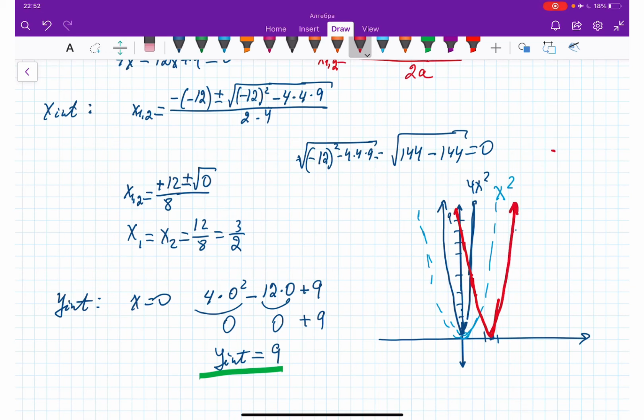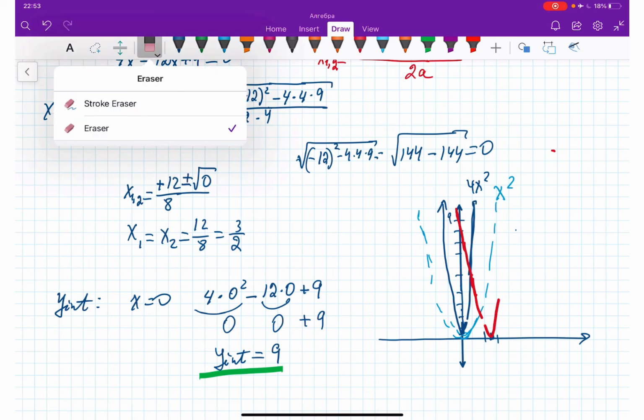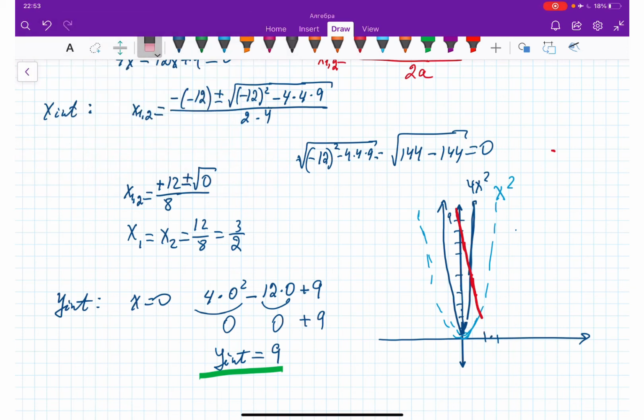It's more wide, maybe. Let me see, maybe this one I took too wide. That's why. Here is 1, here is 1.5, of course.